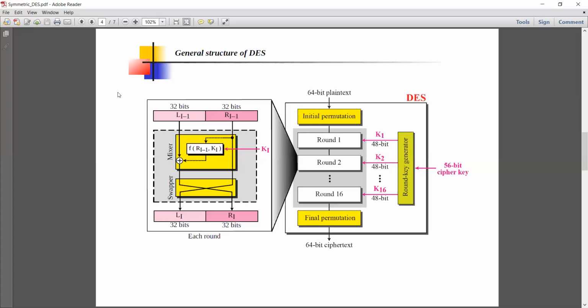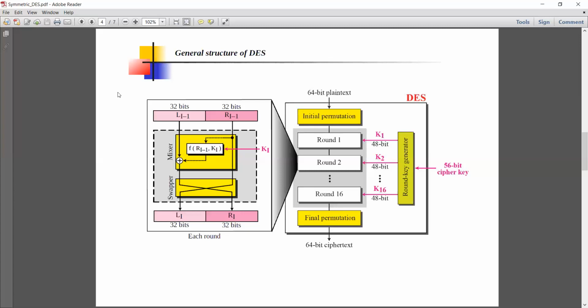Now the 64-bit plain text goes through several steps. In the first step, the 64-bit plain text block is handed over to an initial permutation function. Now the initial permutation is performed on the plain text. Next, the initial permutation produces two halves of permuted blocks.